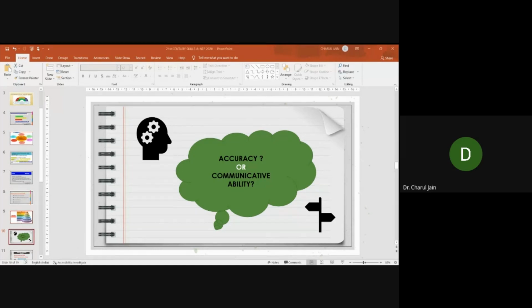So probably you would have also felt the same kind of things that I felt. At that point, what becomes very important for us is to acquire communicative ability rather than focus on accuracy.